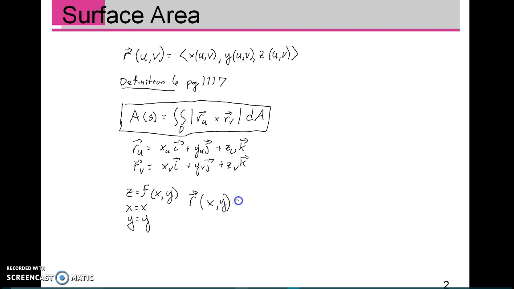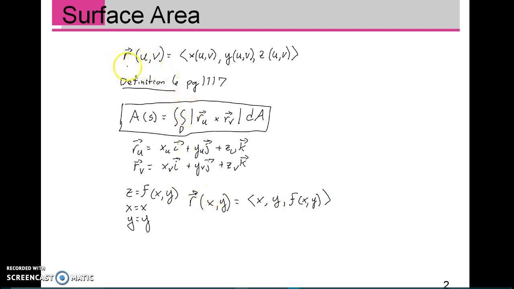Okay, so let's just do it this way. So you've got some function x, which is x, and y, which is a function of y, so it equals y. And then we just have a function of x, y. All right.